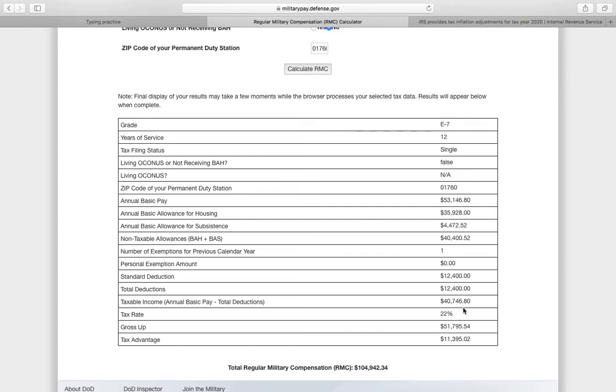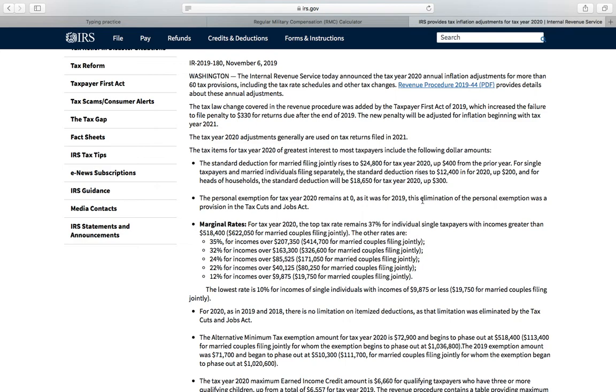So yeah, I would have to be in over 12 years because my taxable is 40,700, and obviously this is going to change. So even when I'm at 12 years, it probably won't even matter. But basically, I just got into that 22% tax bracket.